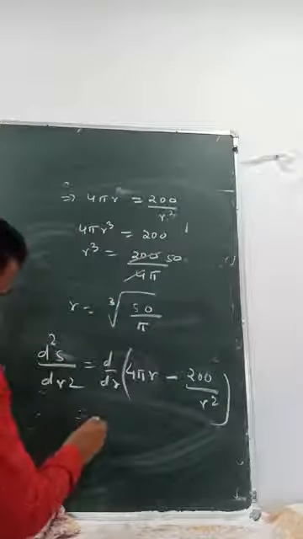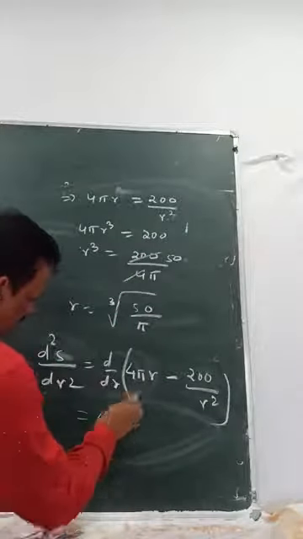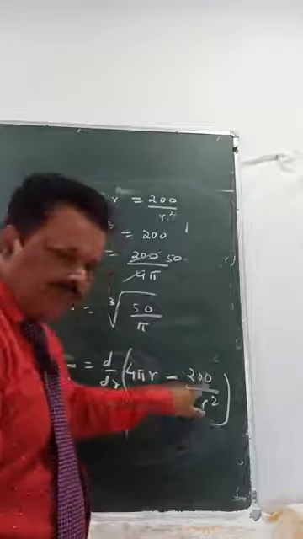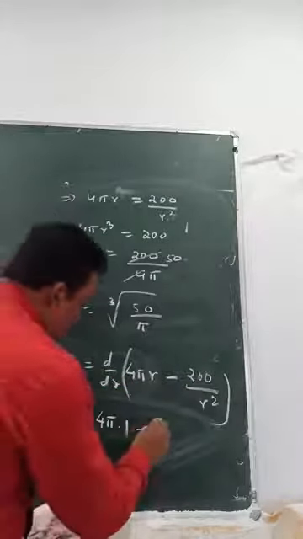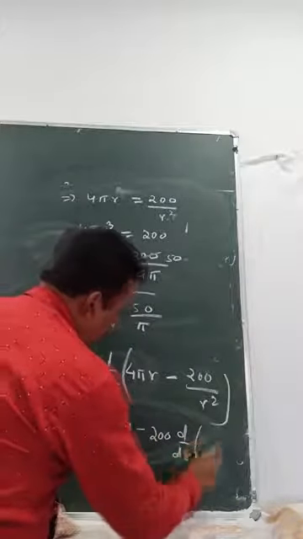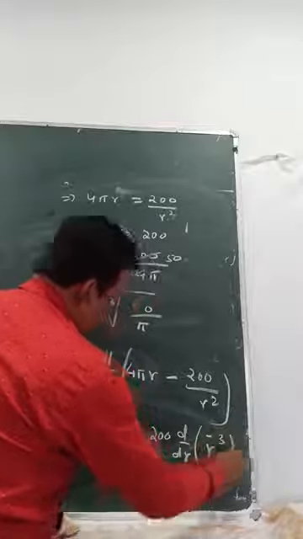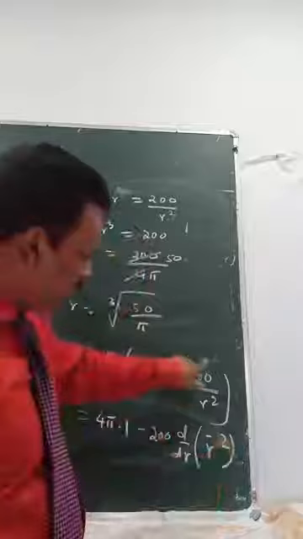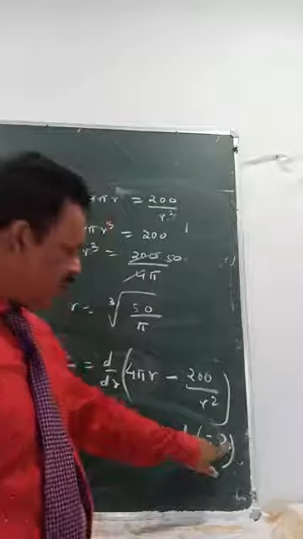Okay, so this is 4 pi r derivative is 4 pi. How to take a derivative of this? So let me write that 200 constant, d by dr of r to the power minus 2. This will go to numerator. Now you can use another formula here.